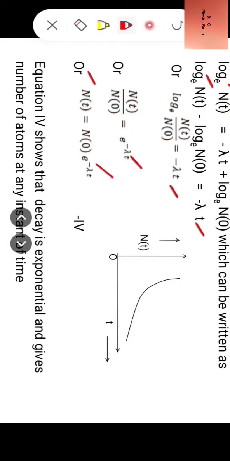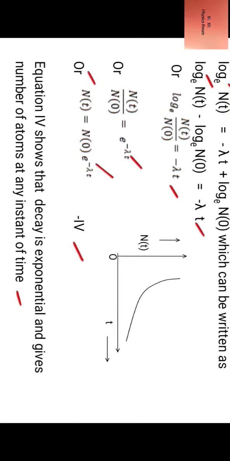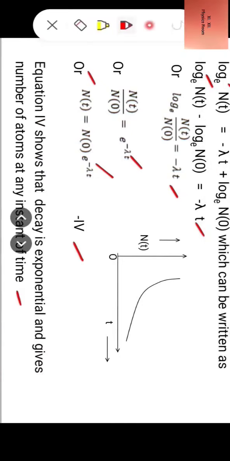Let us mark it as equation 4. Now equation 4 shows that decay is exponential and gives number of atoms at any instant of time. Now here you can see the graph. This graph is Nt versus t graph, which clearly shows that decay is exponential.